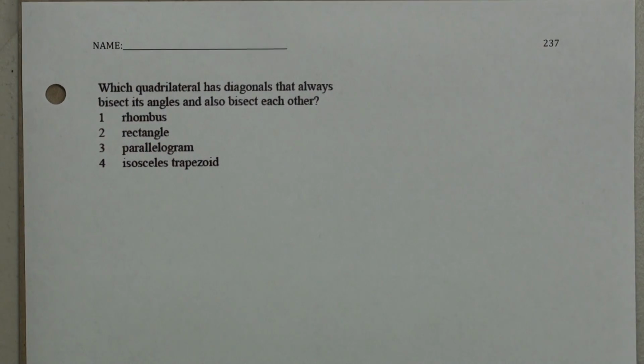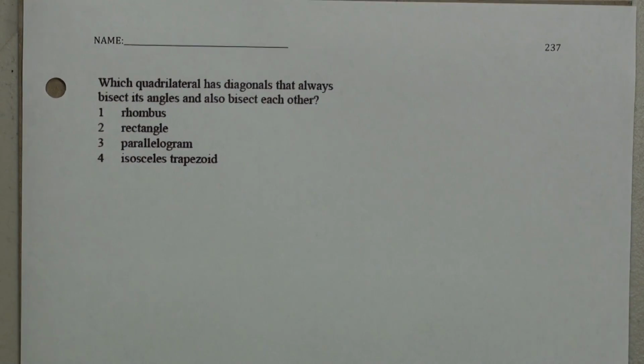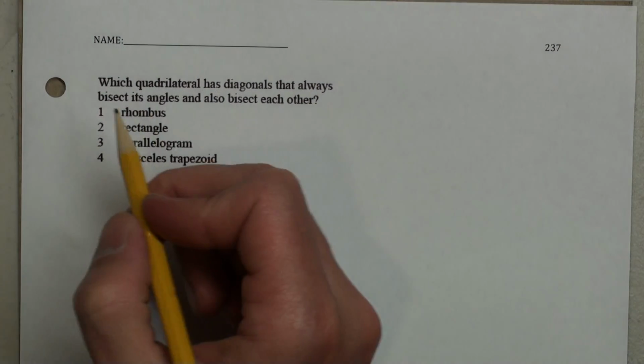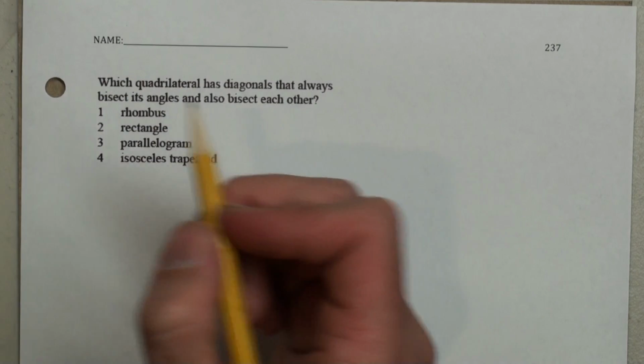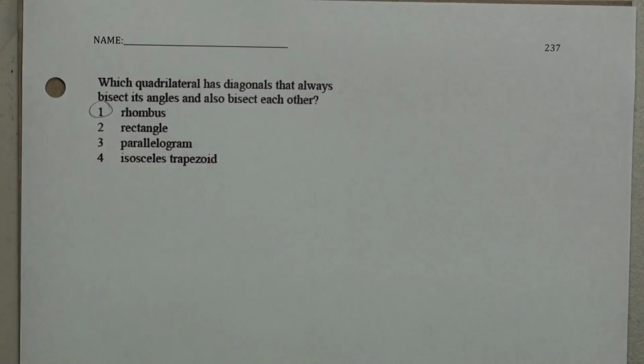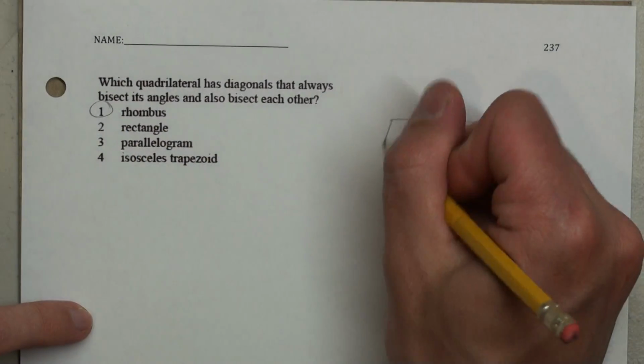Which quadrilateral has diagonals that always bisect its angles and also bisect each other? A rhombus. I need to draw a visual real quick.